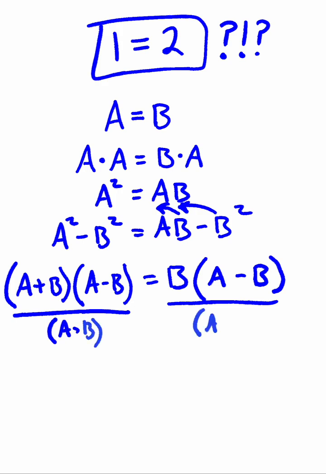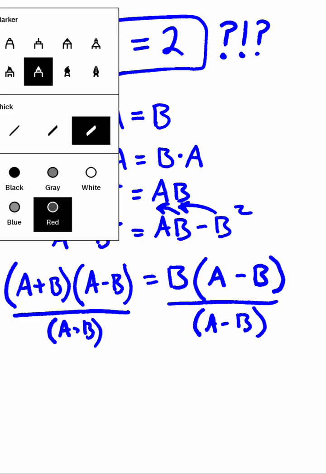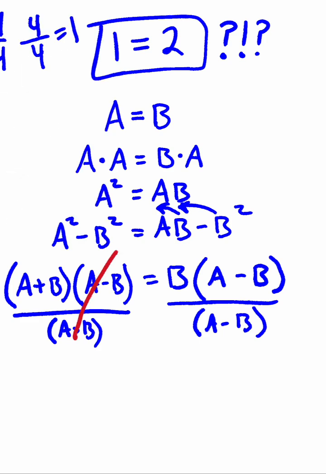Now, if we have one number on top of a fraction divided by the same number on the bottom, that's kind of like 4 divided by 4. 4 divided by 4 is equal to 1. So similar concept, if we have A minus B divided by A minus B, that is equal to 1.